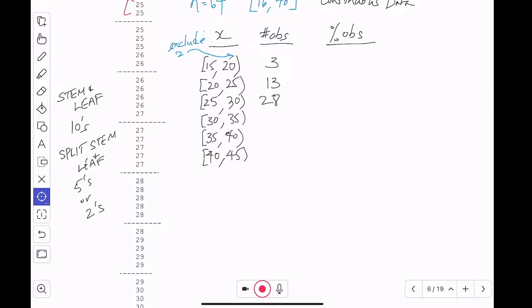You got to be guided by the number of bins or the number of intervals that you need. So if you want 6, you got to take the range divided by 6 and see what kind of range you get. Or just stick with the 5s or the 10s if you can. It's easier to look at and count up.